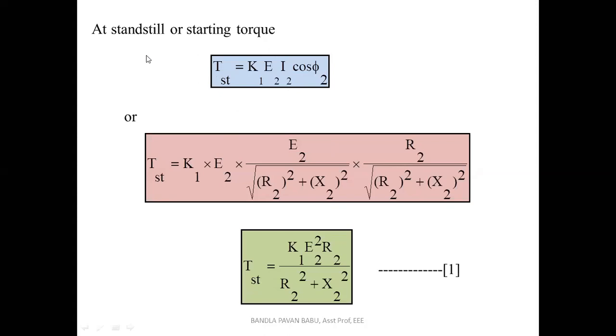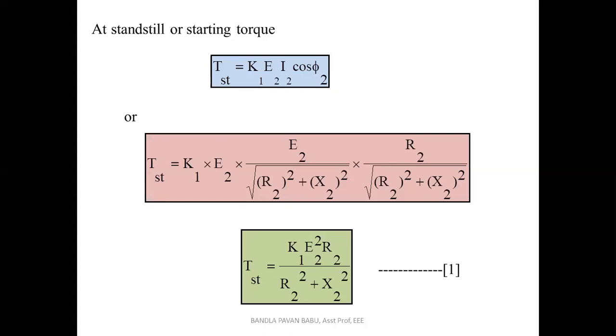Let us see. At standstill or starting torque, standstill means the rotor is kept constant, so it never rotates. At that instant, the induced EMF will be very high, and the amount of current also will be high, but the rotor never rotates. Since the flux is proportional to the induced EMF, obviously the maximum torque will be there.